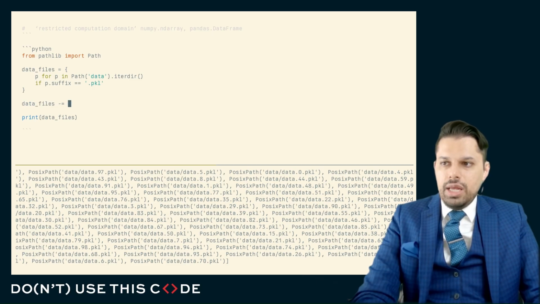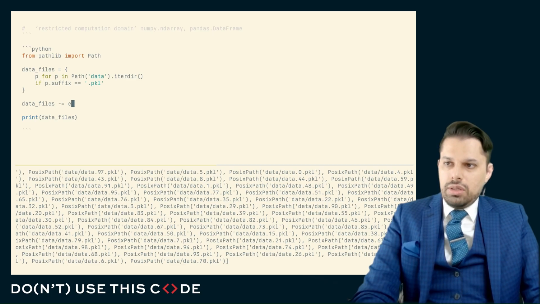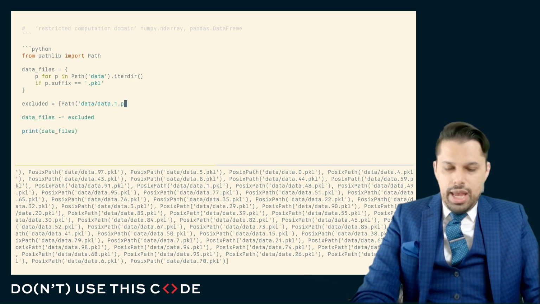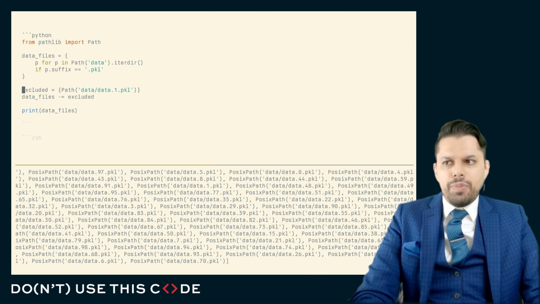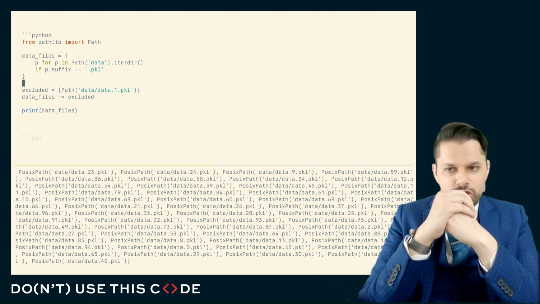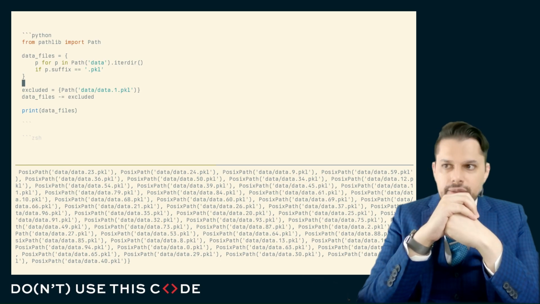Maybe for whatever reason, I don't want to work on any of the files that have certain names. So I might do something like this. And I might use things like the Python set, which I know are going to be faster at operations, like removing elements or identifying if elements are in this structure.